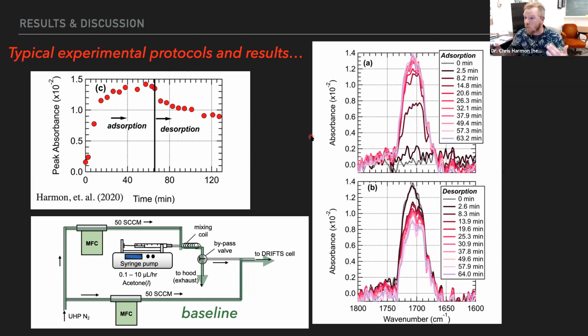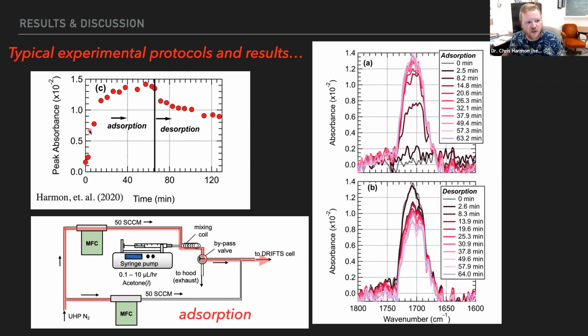Okay, so then when we're ready to adsorb molecules, we flip over electronically our mass flow controller and our bypass valve, so that now we're only flowing 50 cubic centimeters of acetone over the surface. And we record spectra in time ratioed to that original baseline spectrum. As you can see, the carbonyl grows in here in this lovely Langmuir type adsorption.